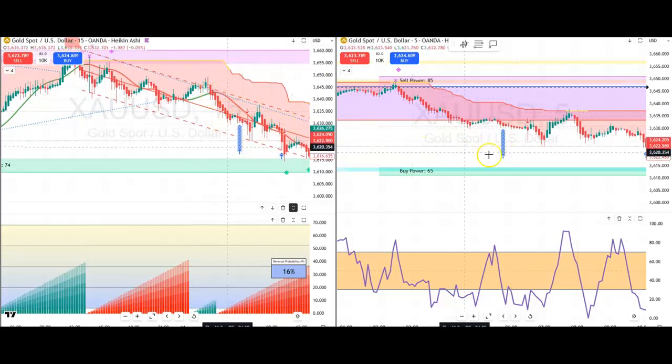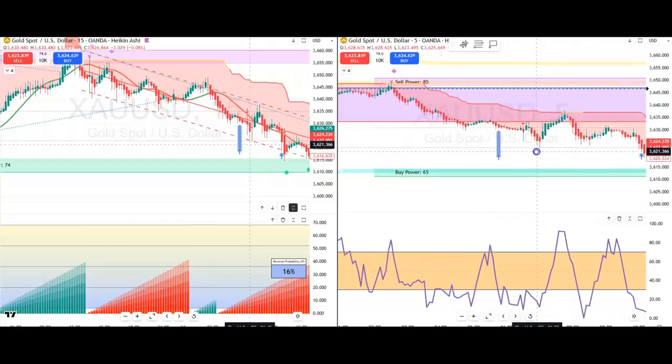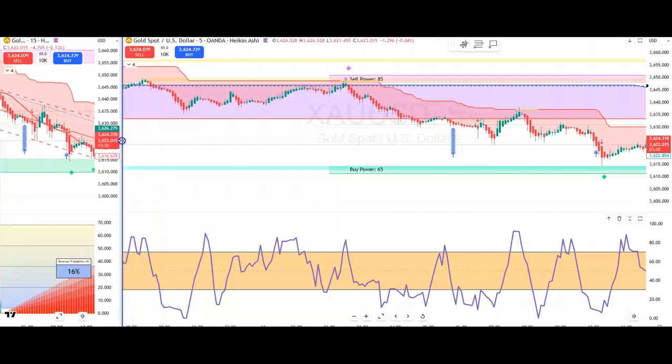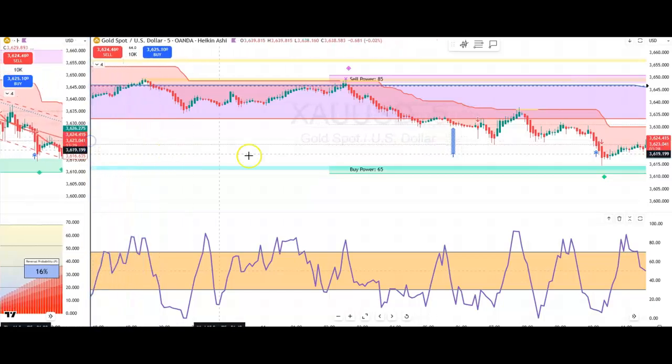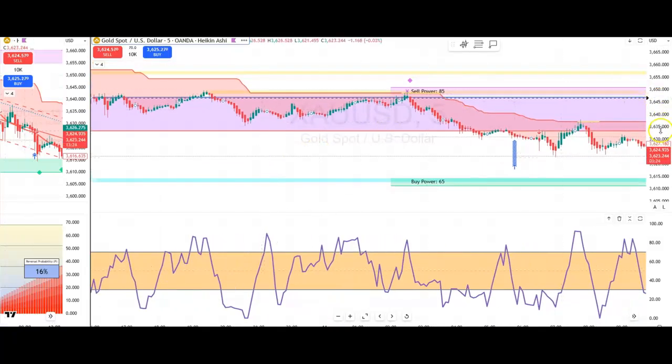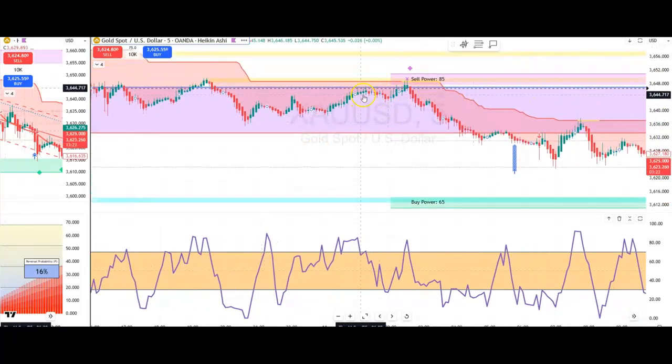Now once you've got that information and you're happy to see that you're looking for shorts, then what you're looking for on the 5-minute chart, you're looking for the price to move up into the resistance area, i.e. this red line here. And this is a money flow.